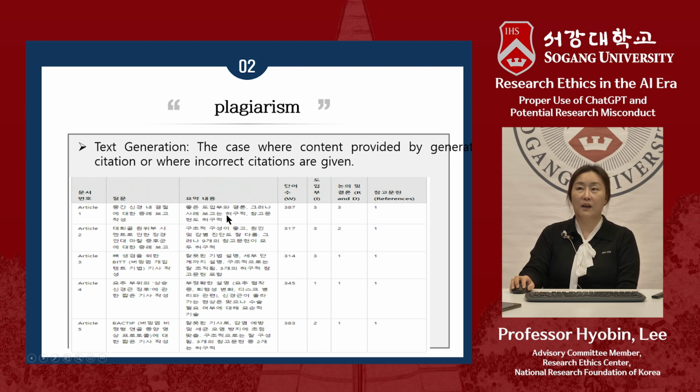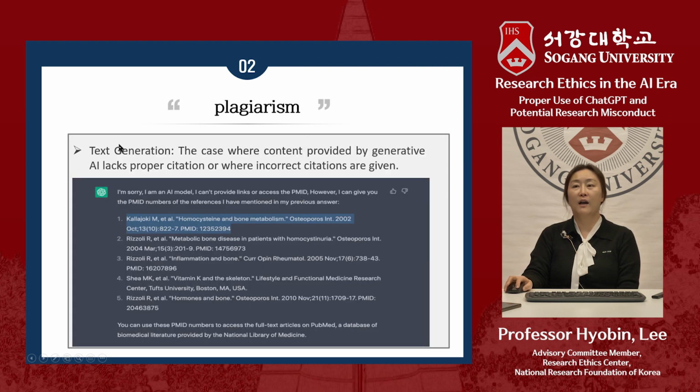That's actually ghostwriting. And this one is the case where content provided by generative AI lacks proper citation or where incorrect citations are given. So this is an incorrect citation. For instance, number one, Osteoporosis International is a real journal, but there was no article like this, and there is no article written by Kawajoki M. et al.